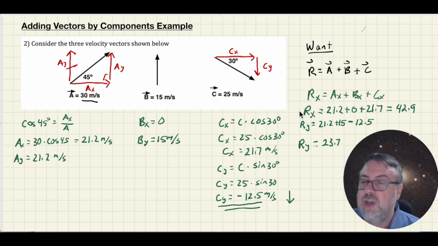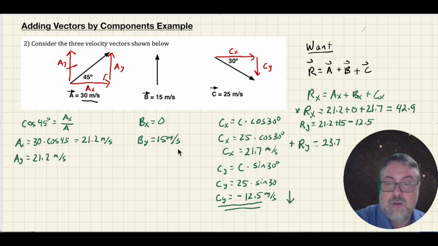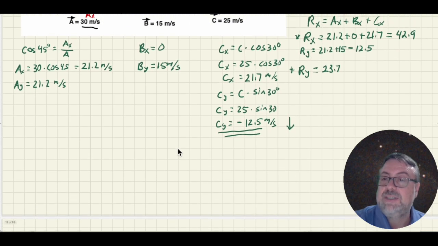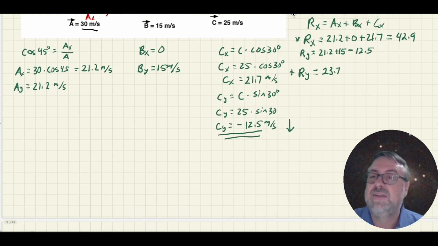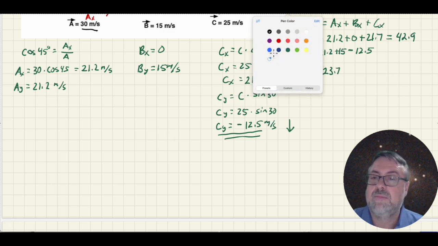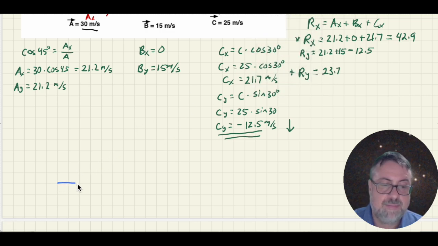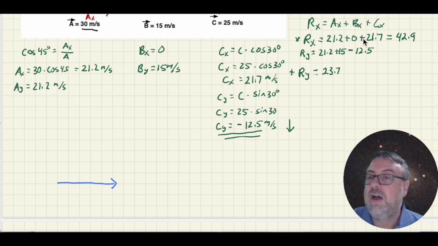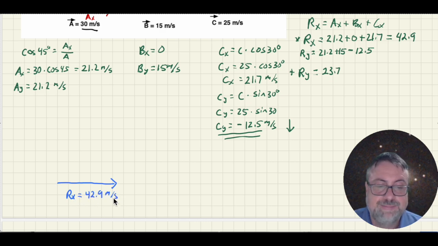So now that I know what Rx is and I know what Ry is, we can put it together to draw our result. We don't have to worry about putting these A, B, and C tip to tail anymore because I've broken them up into x and y components. So to complete my R vector, I simply need to use the value of these components. So I put Rx to the right because it's positive, and I note that Rx is equal to 42.9 meters per second.